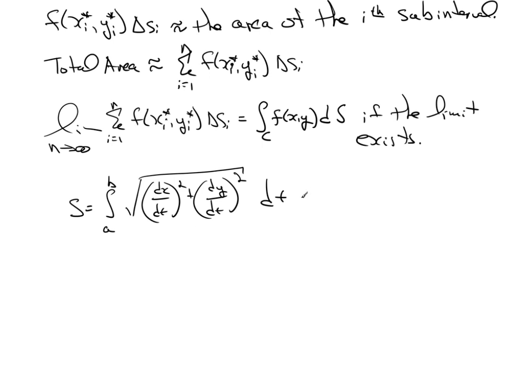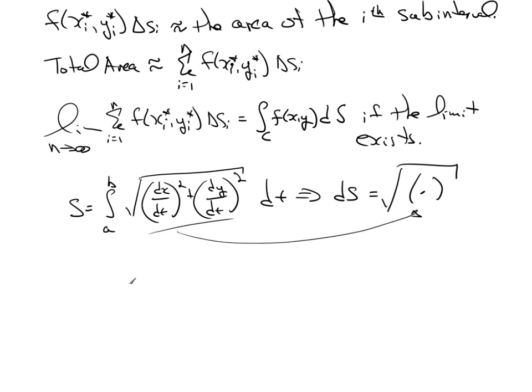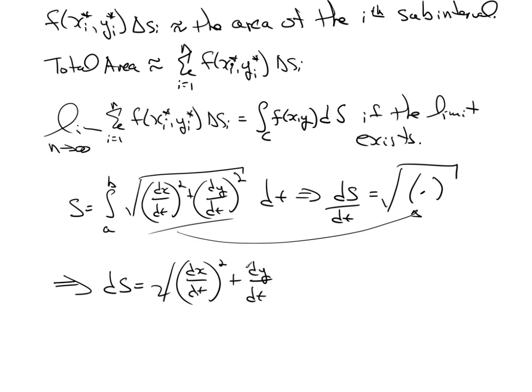So what this implies, taking the derivative of both sides, is that ds is simply equal to the square root of all of this. Actually, I'm sorry, ds/dt equals the square root of all that. That would then imply that ds equals the square root of (dx/dt) squared plus (dy/dt) squared dt.